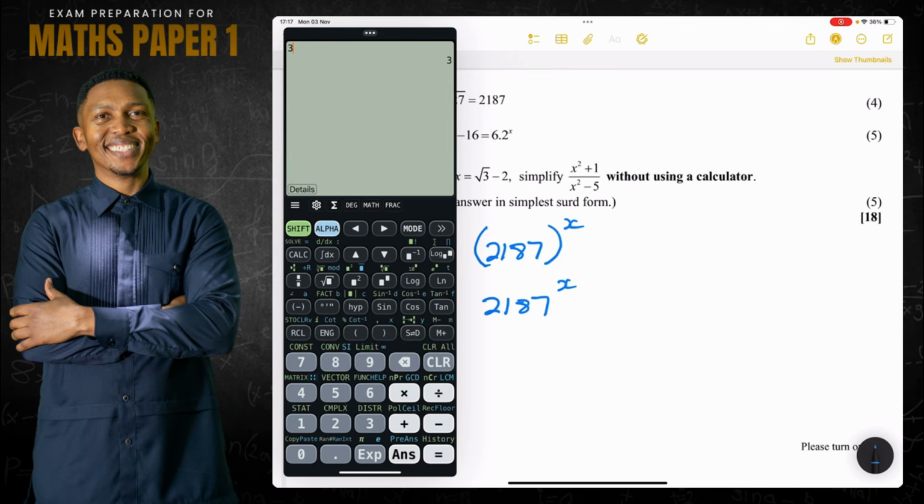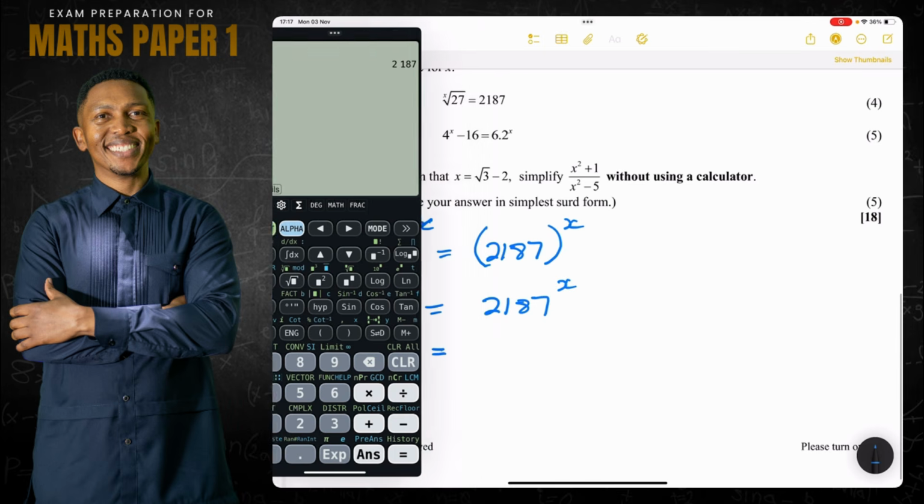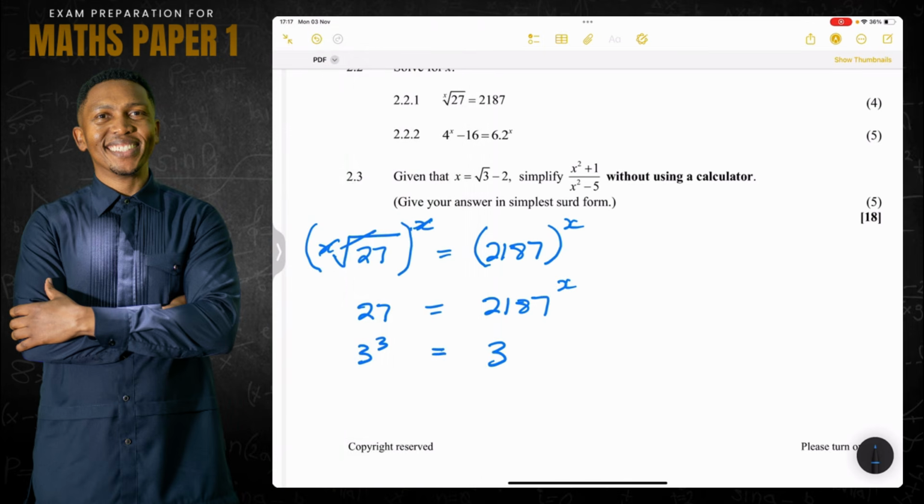Let's see. If I say 3 exponent of 6. Okay, let's try one more. 7. Yeah, there it is. So that's 3 to the exponent of 7, raised to the exponent of x.